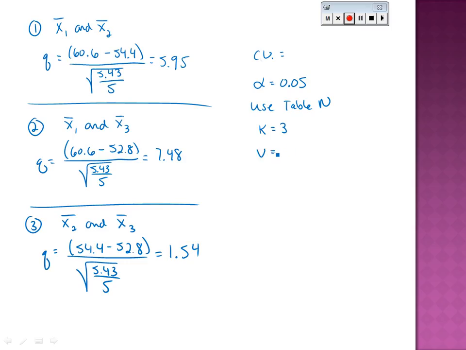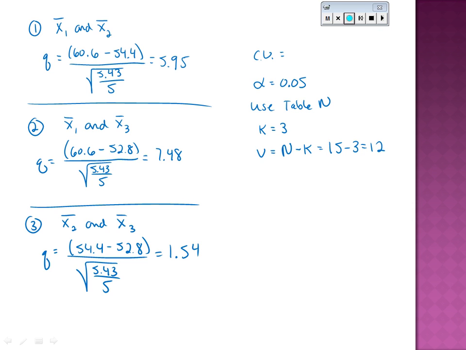Our V, we said, would be the degrees of freedom for within group variance. We found that by using capital N minus K. Capital N, remember, would be the total of your sample sizes. So we had 5 for each group, so we had 15 minus 3. We ended up with 12. We need all this information for when we use table N.